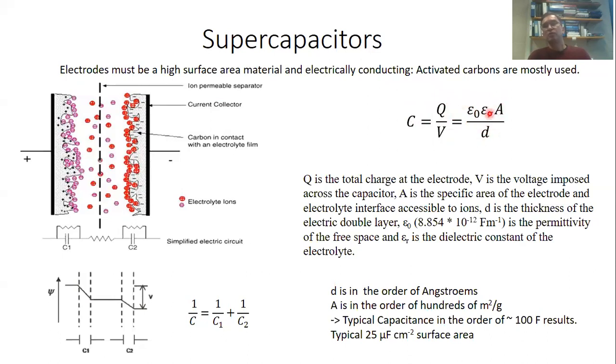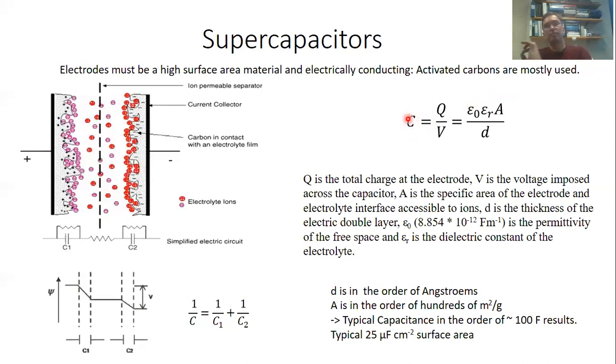Now our area is orders of magnitude larger in comparison to a simple electrostatic capacitor. Therefore, the capacitance is orders of magnitude larger. Okay, so this is the first factor.